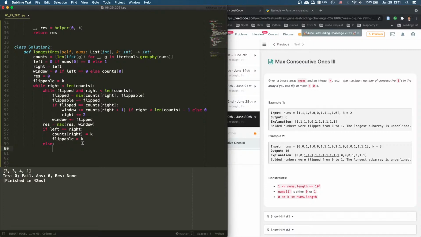If left is not equal to right, so the left is lagging behind, which means we can take the entire left.